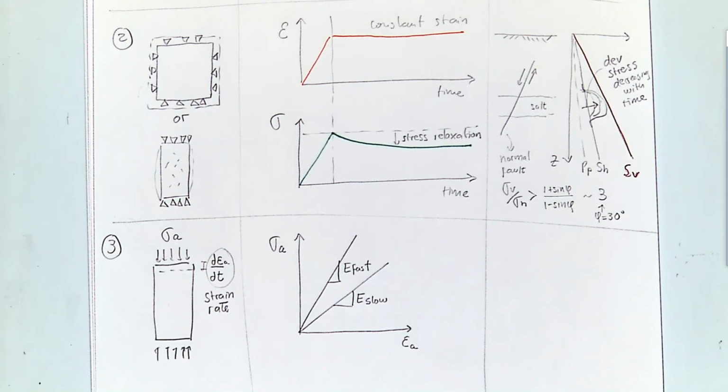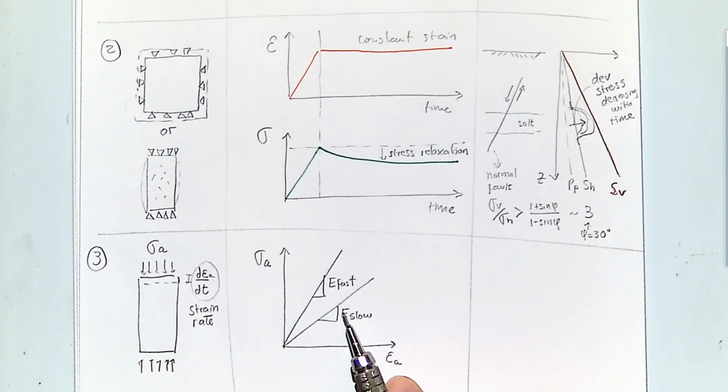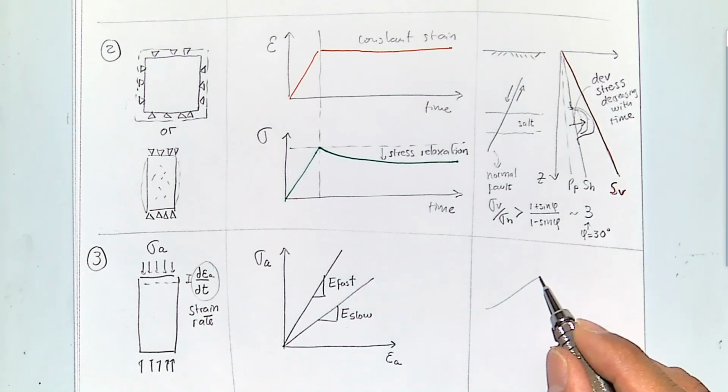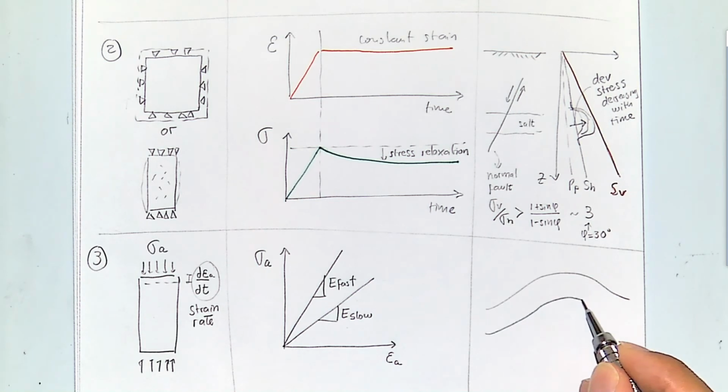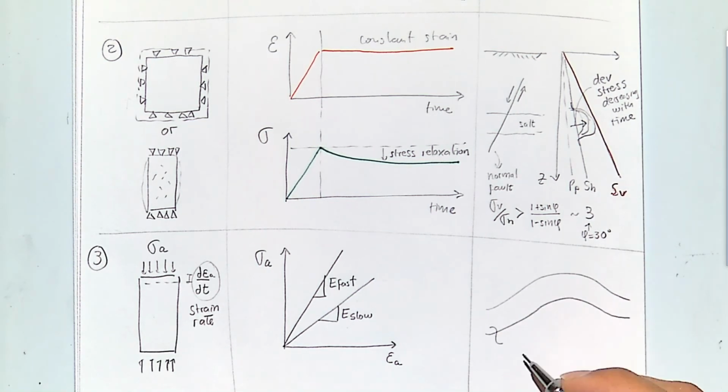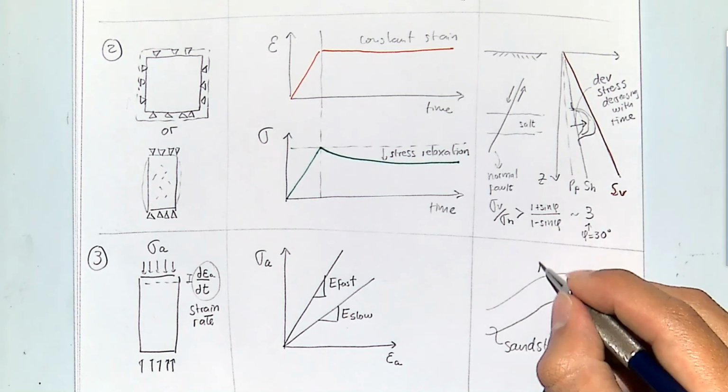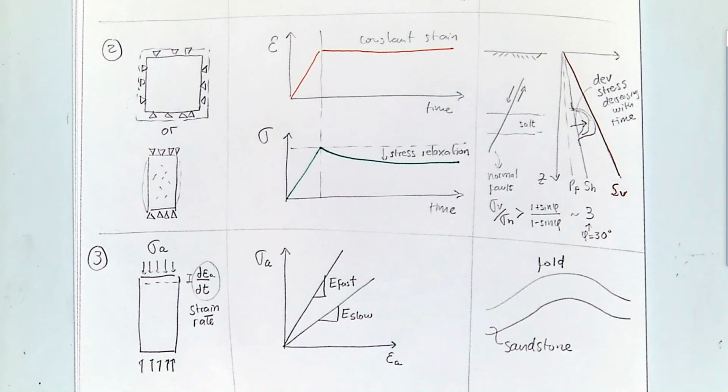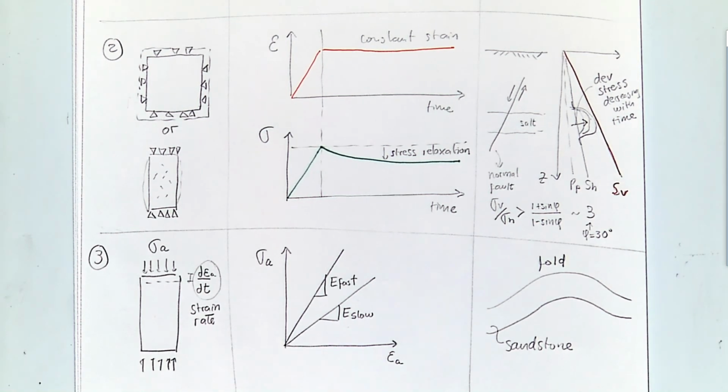An example of this, a high modulus versus a small modulus, is when you subject rocks over a long time to deformation. A rock which may be quite stiff, let's say a sandstone, when you deform it over a million years, you can fold it as if it were very deformable, but actually it is not.